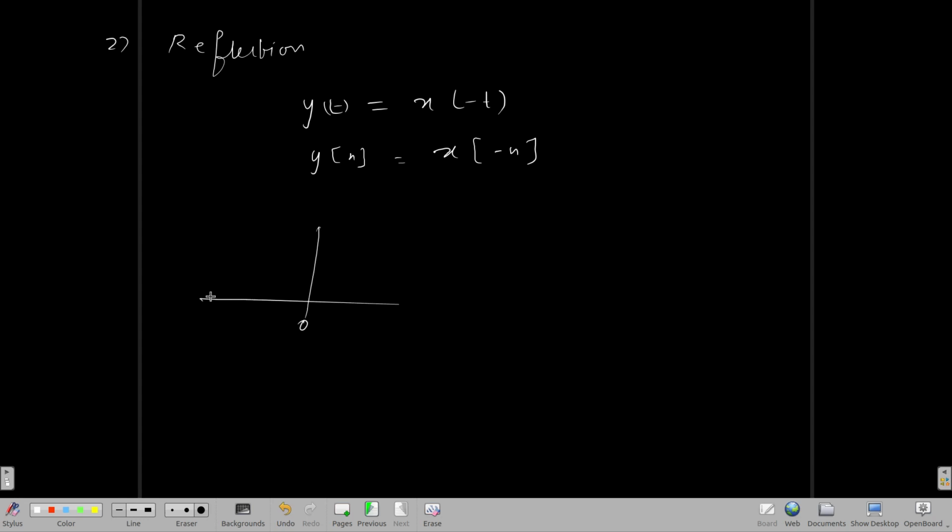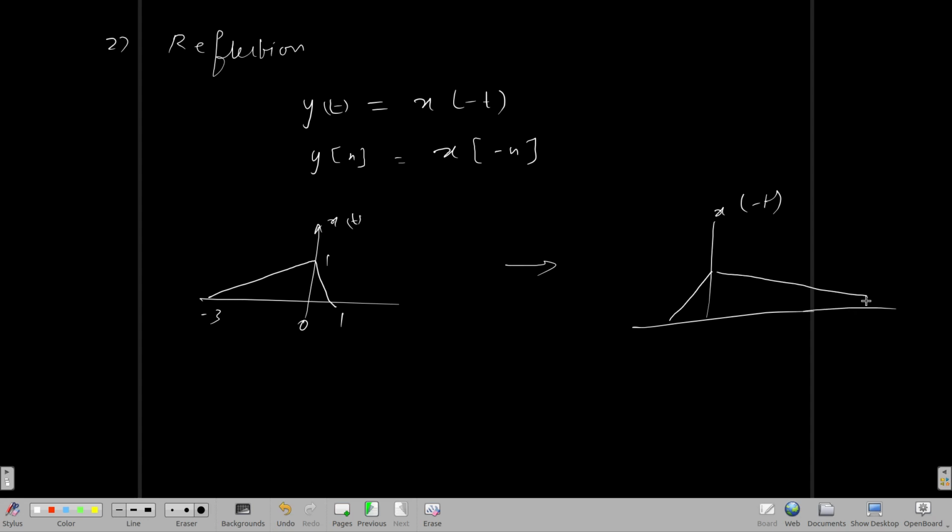Suppose this is our 0, 1 and minus 3, and let this be 1. This is our x of t. So our x of minus t will be 0, minus 1, 3, 1.